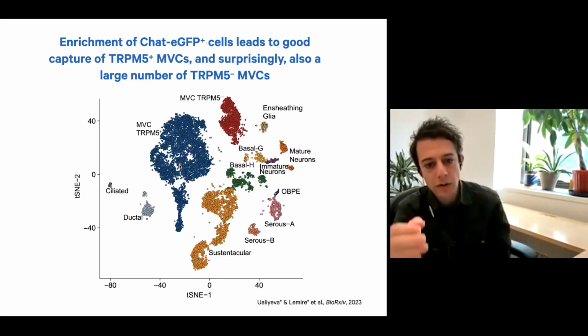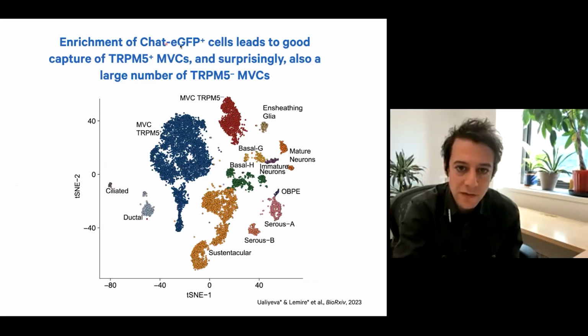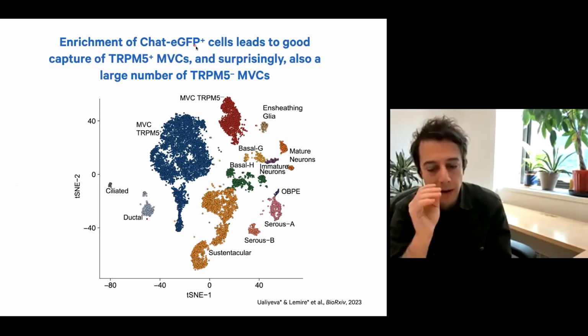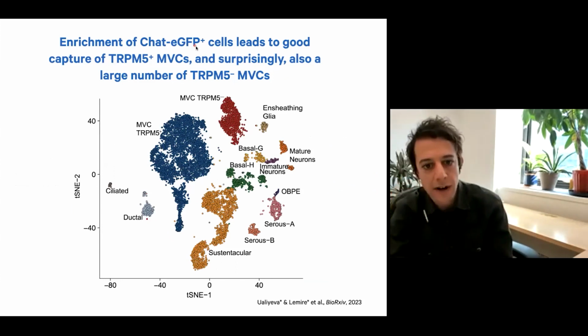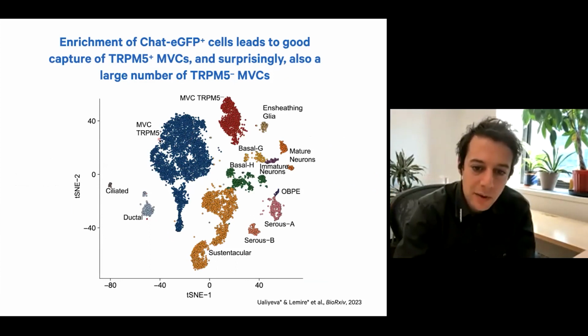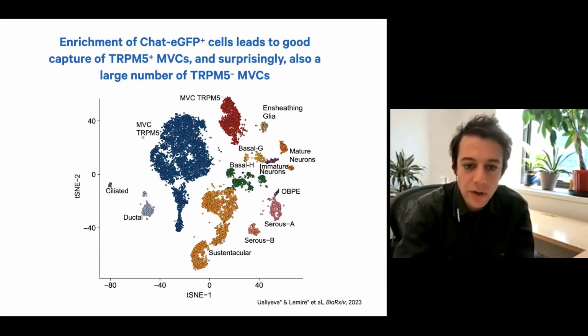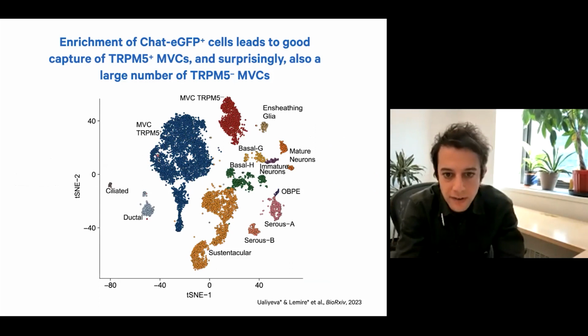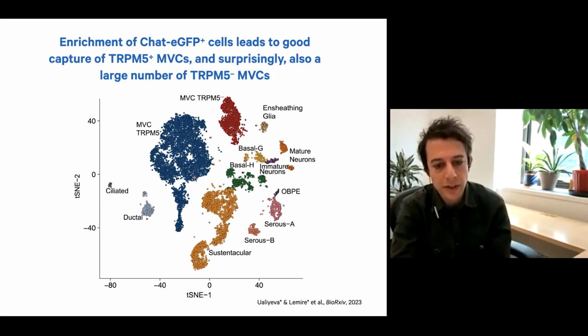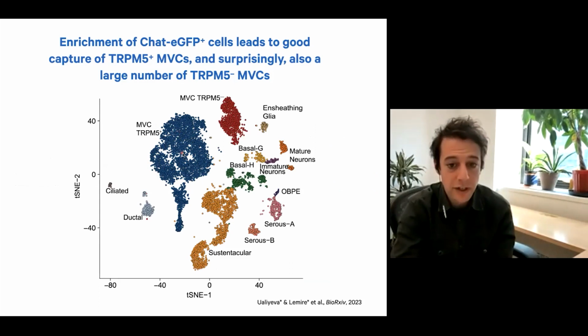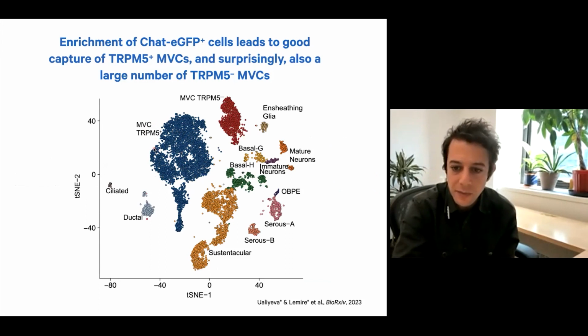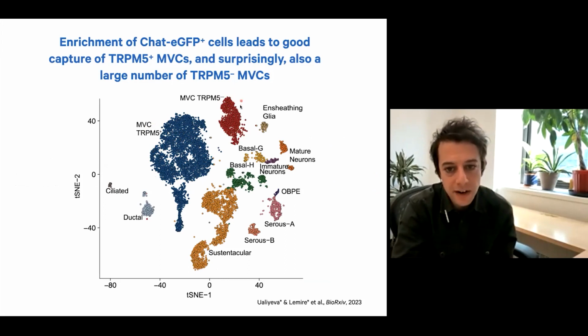And so Laura's group used a ChAT GFP mouse to enrich for the ChAT expressing subsets of microvillus cells, which also express TRPM5. And so we were able to enrich for these cells, and so they're typically rare, but after enrichment, we get a lot of them. But we were sort of surprised to see that there was also quite a lot of this other subset of microvillus cells, which were TRPM5 negative.